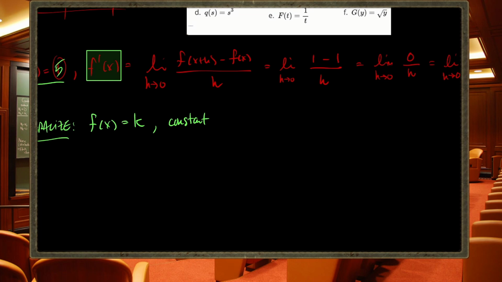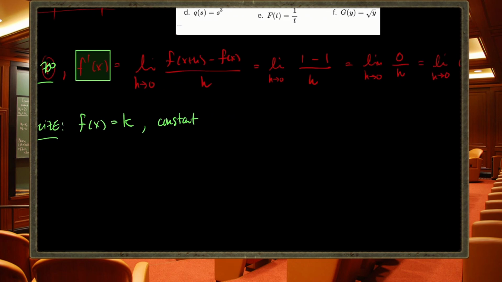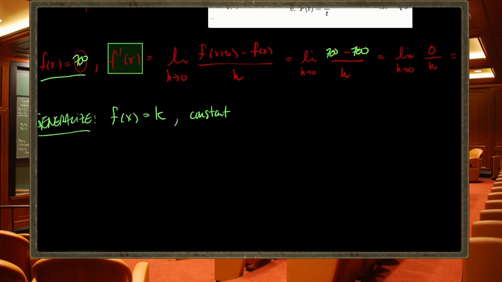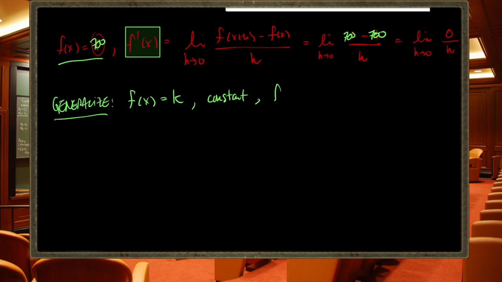Or if it were 700, well, then when we go through the definition of the derivative, this would be 700 minus 700, and we'd still get 0. So this works in general, that if the function is a constant, then f prime is 0.